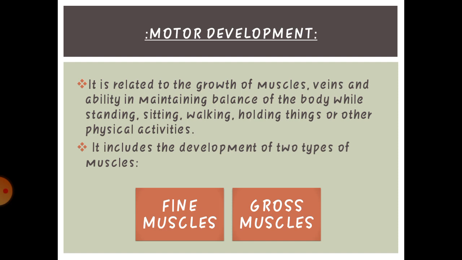Fine muscles are basically the muscles in our arms and hands, which help in writing and holding things. Gross muscles include the major muscles of our body, which are in the thighs and legs, which help in walking and running. These types of muscles are included in gross muscles.